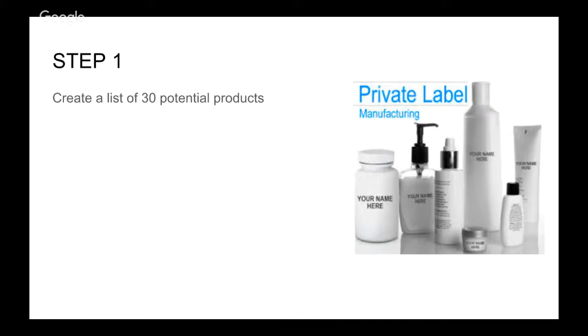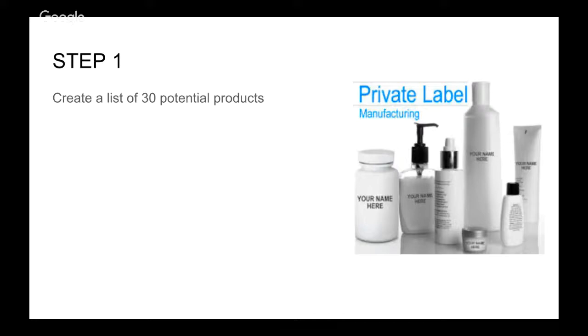The reason I recommend 20 to 30 potential products is because in my experience, when I started my private label research, I was looking for the perfect product, and I struggled a lot trying to find it. It got to the point where I spent almost 4 or 5 months looking for products, and every product that I found, I would find good numbers, but I was always afraid to go to the next step.